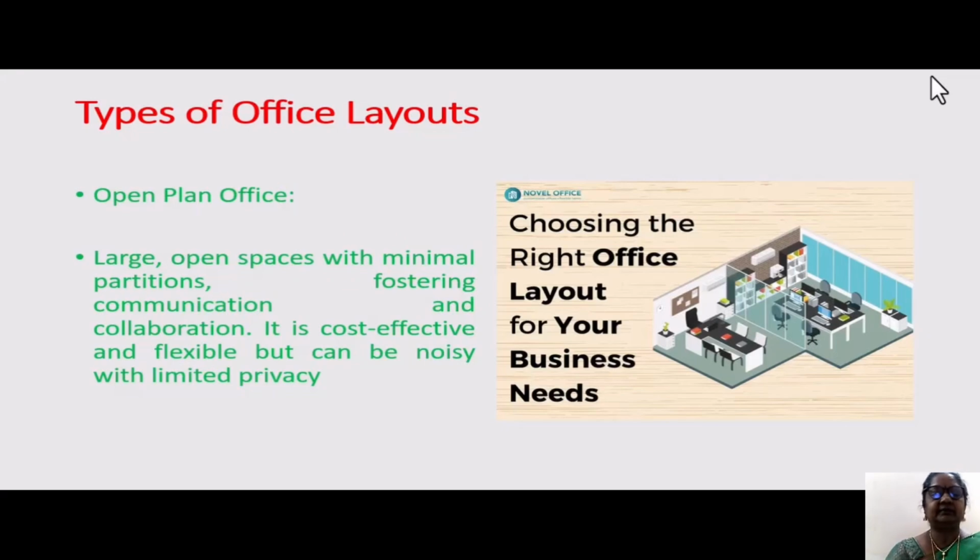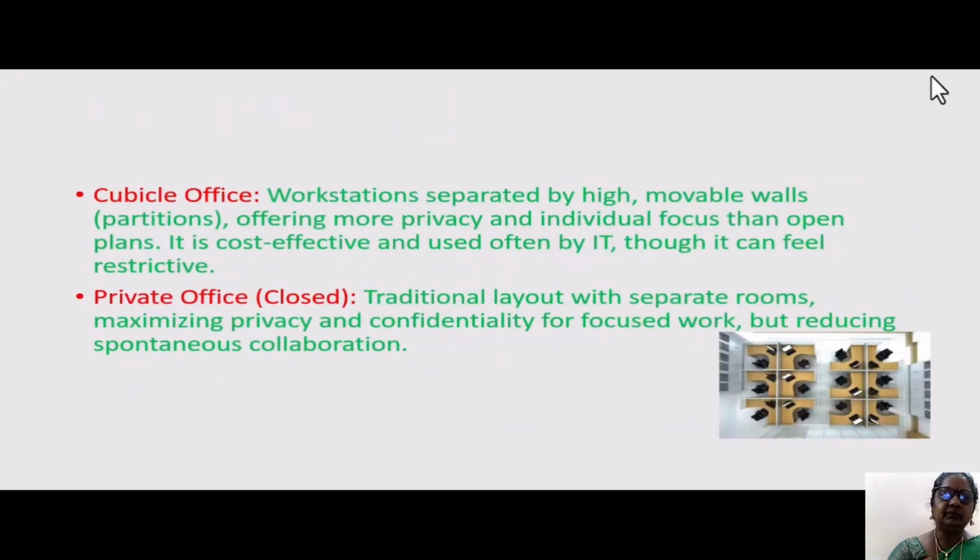So what is the cubicle office? The cubicle office is a small cabin, not fully closed, half closed, and everyone will be sitting in their place, seeing their monitor and working on it. Whether it is the monitor, computer, or even the files, they have a separate place.